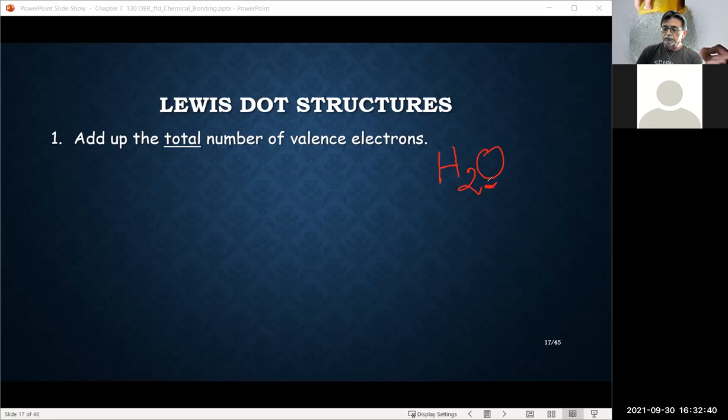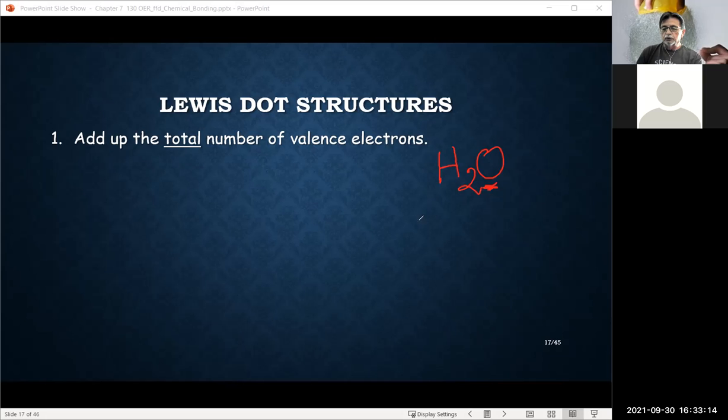By default, as I said before, normally the central atom is written first, followed by whatever is bonded to the central atom. But there are exceptions to the rule. Water is one of them. In this case, they write what is bonded to oxygen first, then they write the central atom. Normally it will be denoted by either an underscore or bold, okay? So that's telling you that oxygen is the central atom, and those two hydrogens are not hydrogen gas, but hydrogen atoms that are bonded to the central atom.